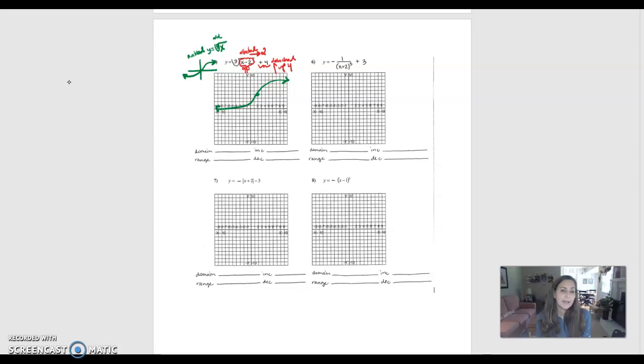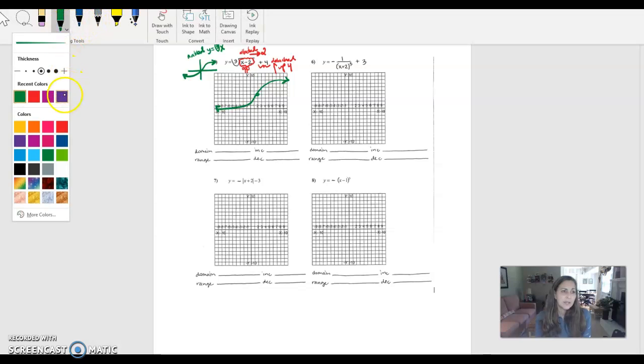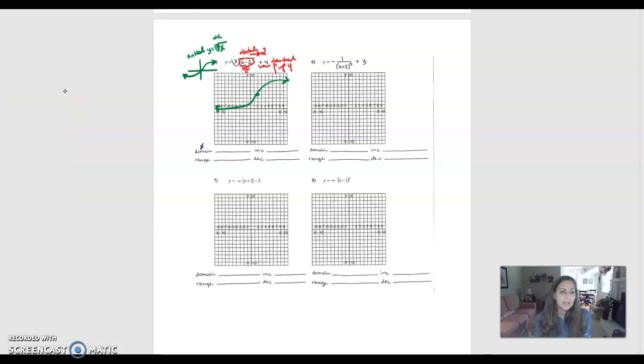Now we're going to talk about domain, range, increasing, and decreasing. Let's change colors for this. Let's go to purple. All right, domain are your x's. So you're going to read the graph from left to right for domain. I know I sound like a broken record, but we still have some struggles with this. So from left all the way to the right, you're going to be going from negative infinity to positive infinity. In other words, this graph goes on forever in both directions.